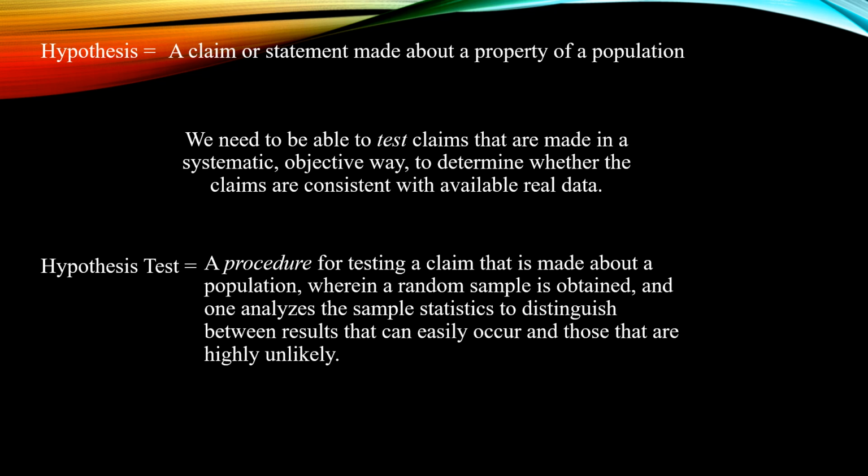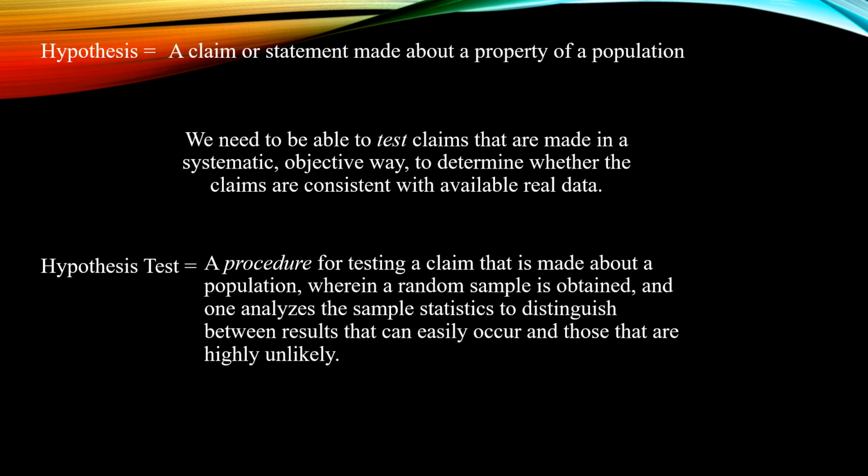And this does not matter if we're talking about the claim about a mean of a population or a proportion, or if it's a goodness of fit test to see whether a probability distribution that is claimed is actually fitting with the data, or whether it's a correlation test if you have a set of bivariate data and you want to know whether there is a linear relationship between the two variables, or a quadratic relationship, or an exponential relationship between the variables.